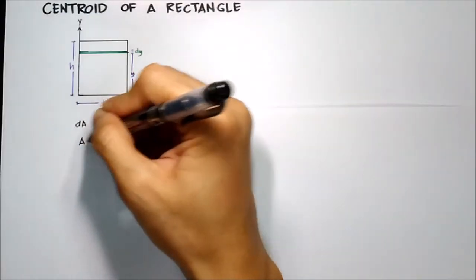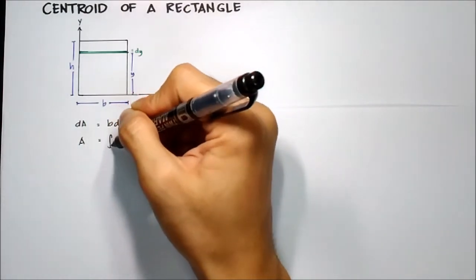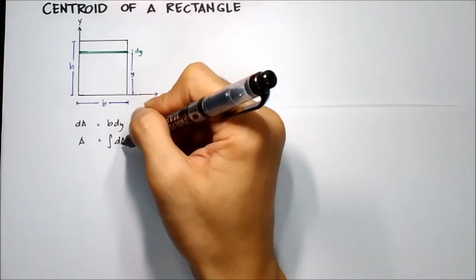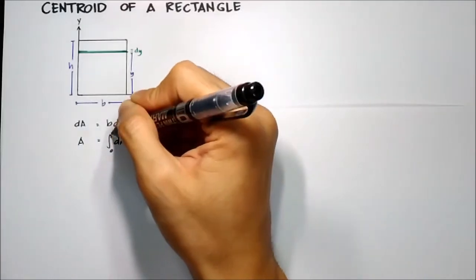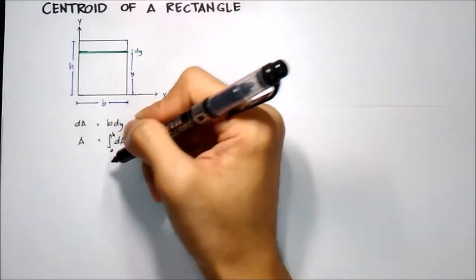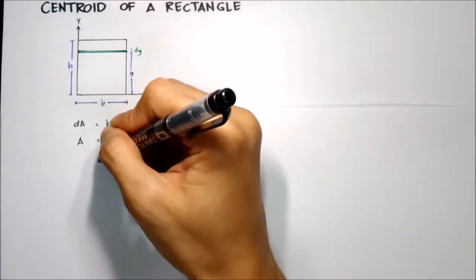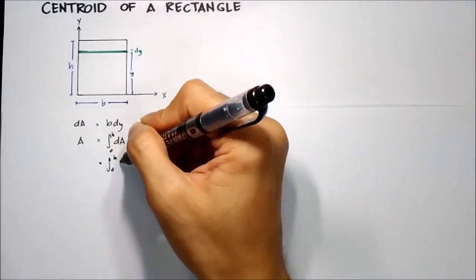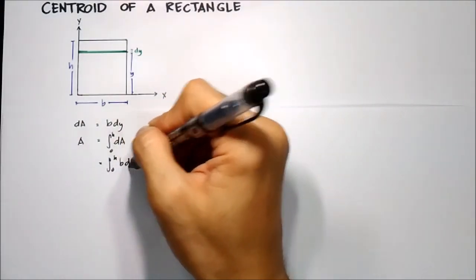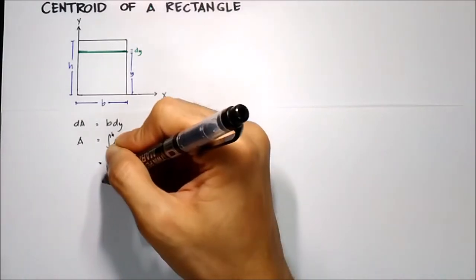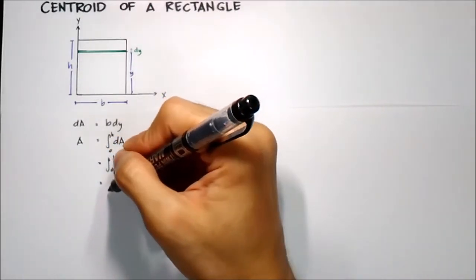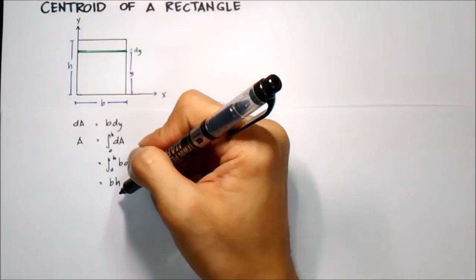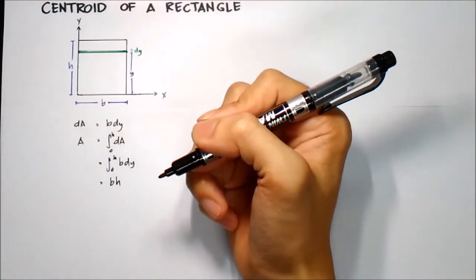The area of a rectangle is given as the integral of the differential area with a limit of 0 to the height. By integration, area is equal to the base times the height.